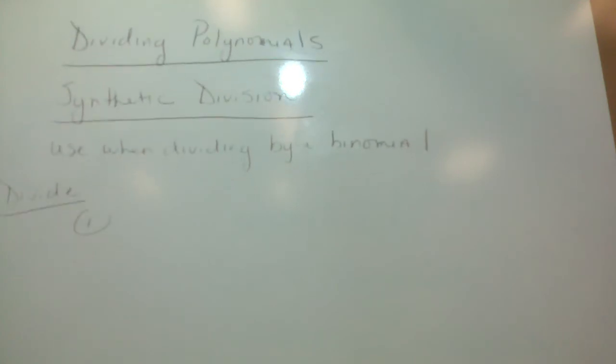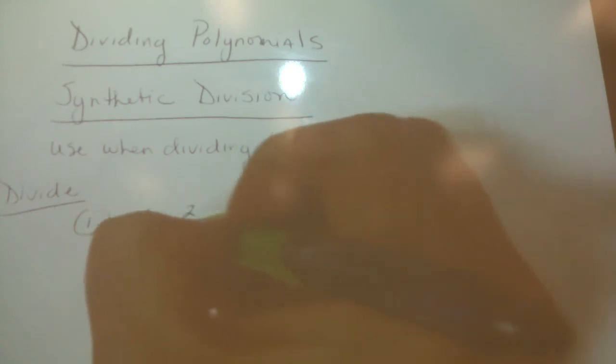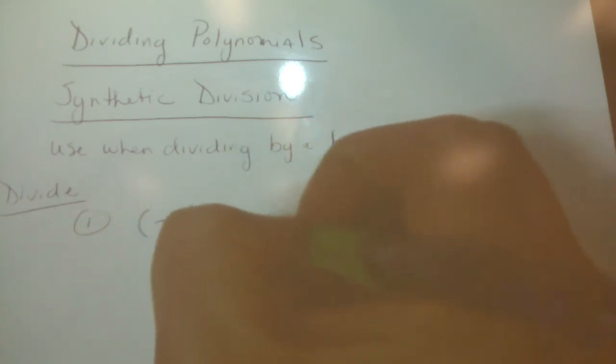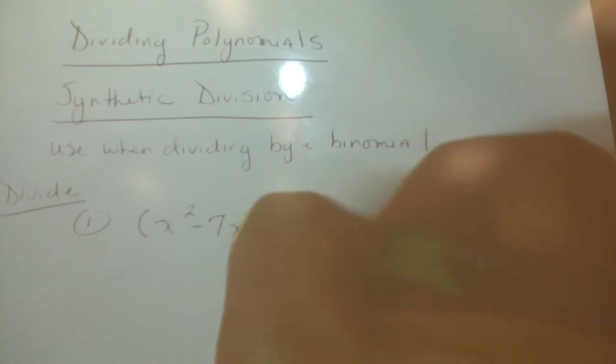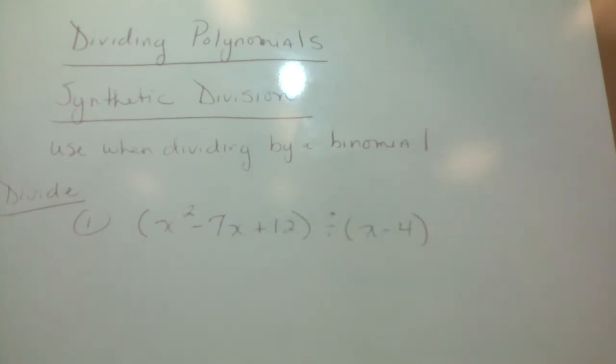Let's take a look at example number 1. I've got x squared minus 7x plus 12 divided by x minus 4.